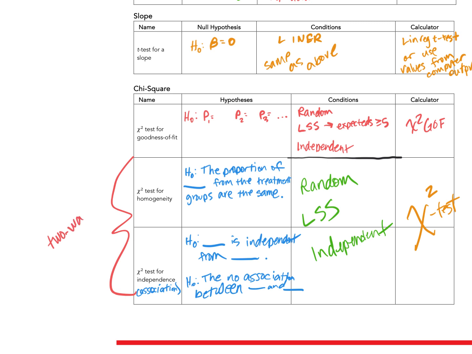It's a good bet that if you get a two-way table, you're going to be expected to use these ones. I misspell independent every time because I'm thinking faster than what I'm writing.